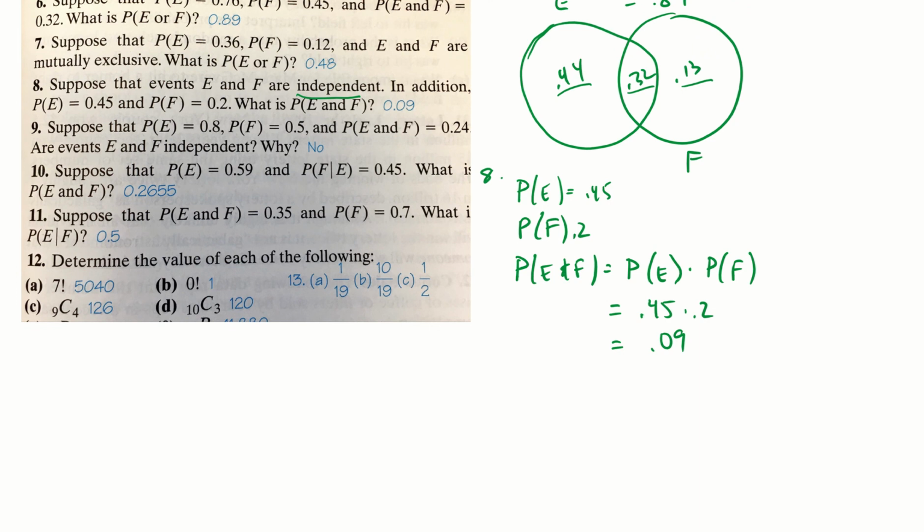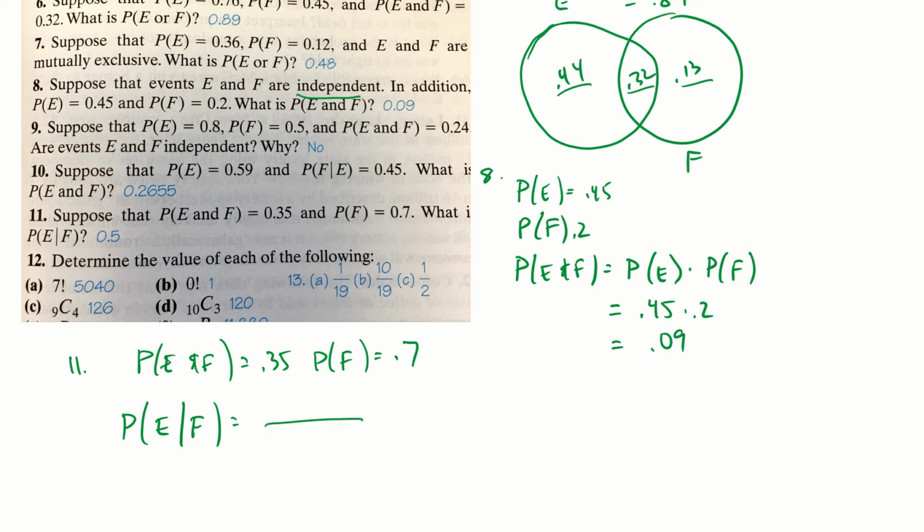And number 11. Suppose the probability of E and F is 0.35, the probability of F is 0.7. What is the probability of E given F? Well, we know this expression: we're given F, so that's my denominator. Now what's the probability of E and F happening, because we know F happened.